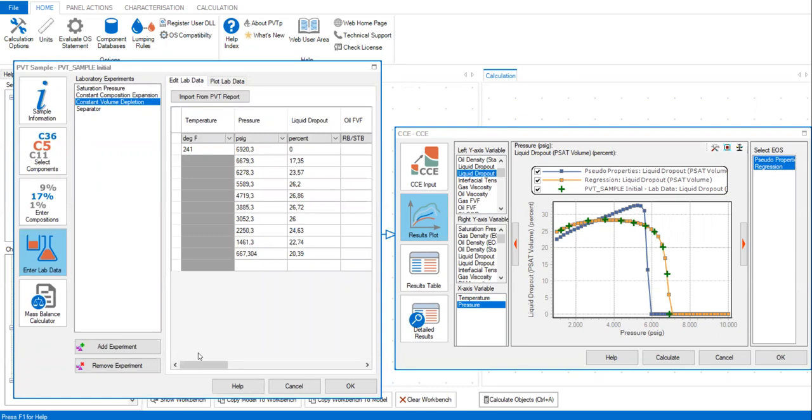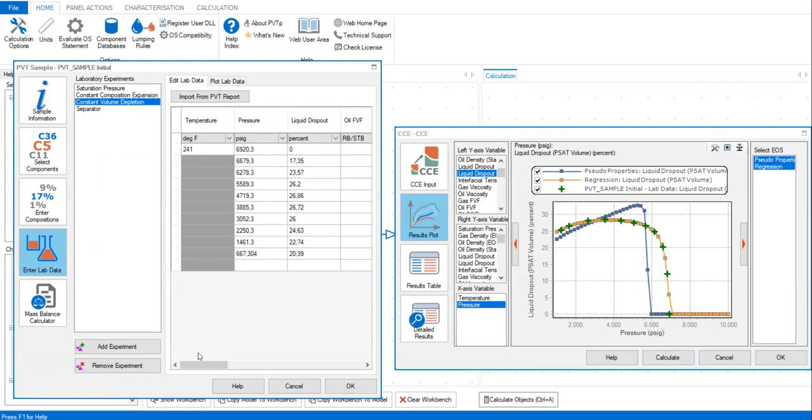But still, we are interested in validating the regression result with the lab data of CVD. Although we do not use this CVD data for the regression process, that doesn't mean that we do not want to validate the regression result on the CVD data. We still need to validate.